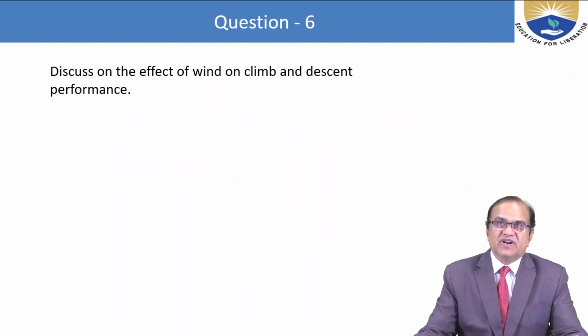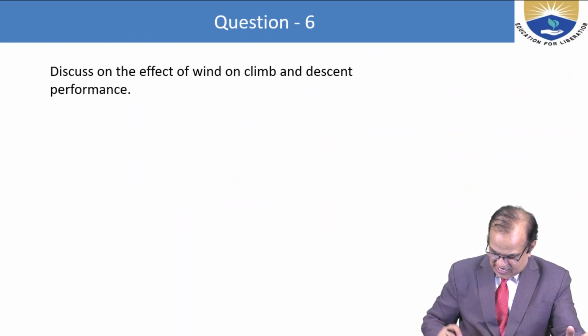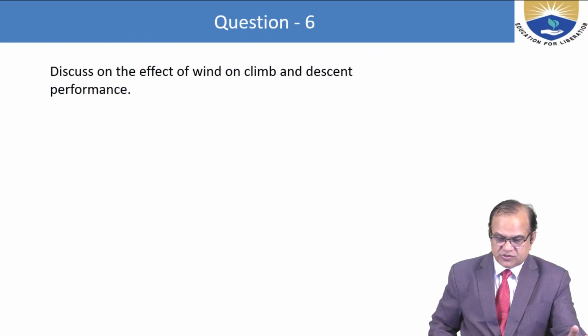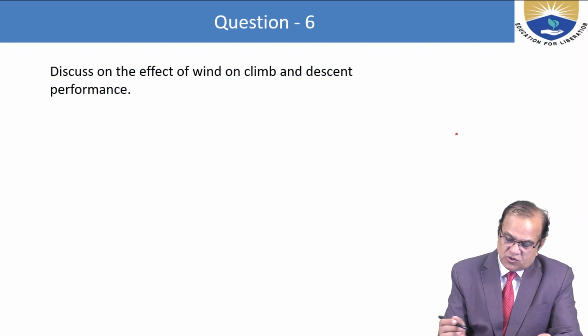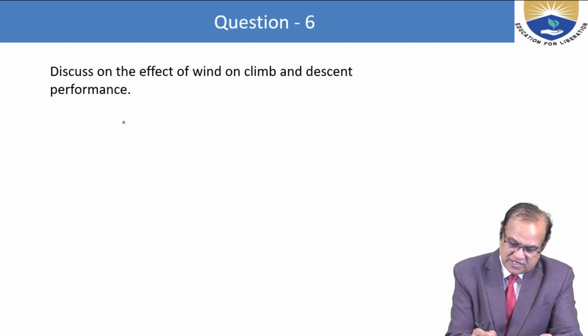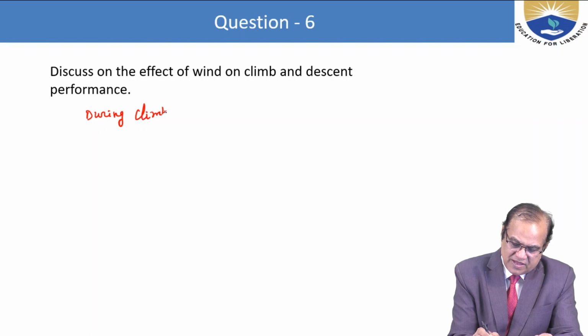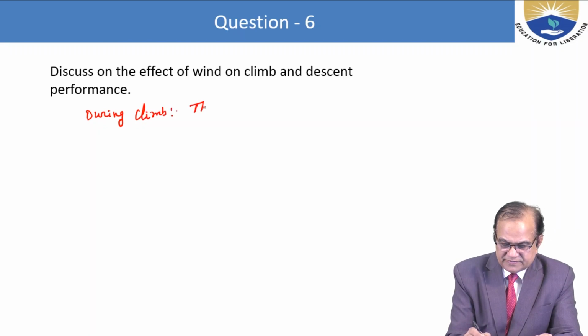Now discuss the effect of wind on climb and descent performance. I think I have discussed just now. So again, I told you that during climb, the relative wind should be high.